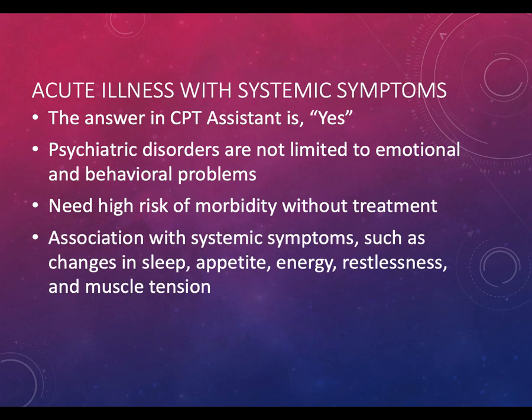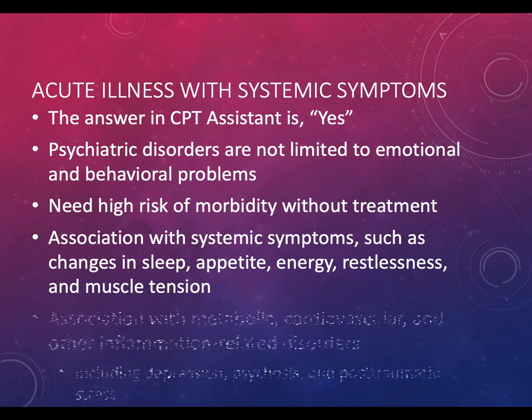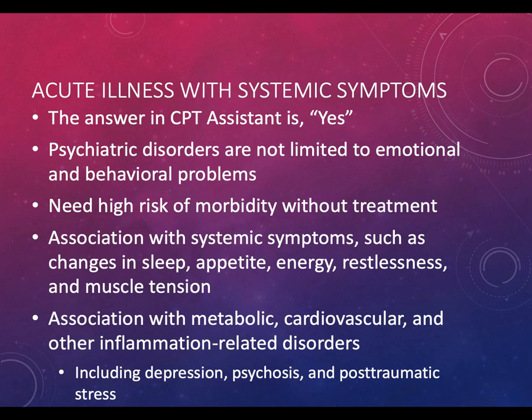Systemic symptoms such as changes in sleep, appetite, energy, restlessness, and muscle tension may be associated with a variety of psychiatric disorders. In addition, certain psychiatric conditions, including depression, psychosis, and post-traumatic stress, should be considered as causing systemic symptoms based on their association with metabolic, cardiovascular, and other inflammation-related disorders.